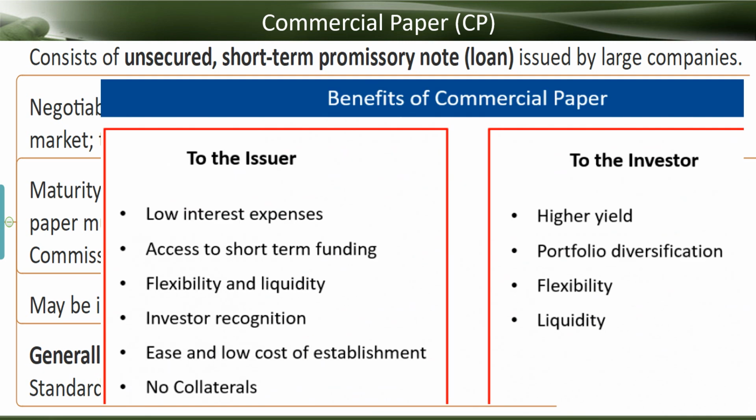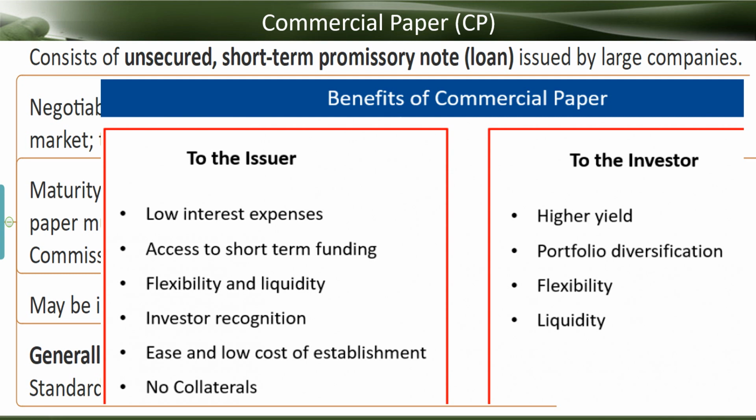So, the benefits of commercial paper: you can categorize them into benefits to the issuer and benefits to the investor. Benefits to the issuer include low interest expenses, access to short term funding, flexibility and liquidity, and investor recognition because of credit ratings and larger companies issuing.